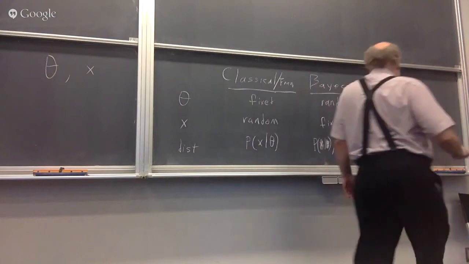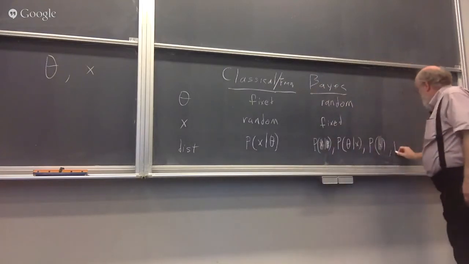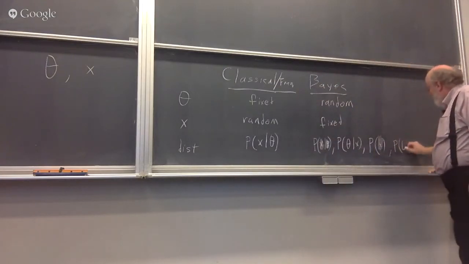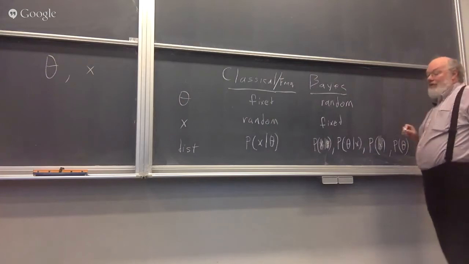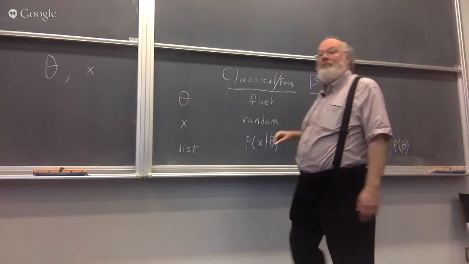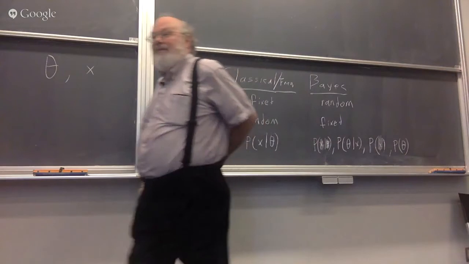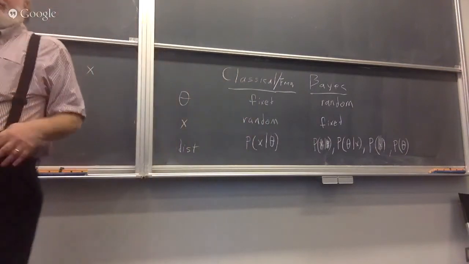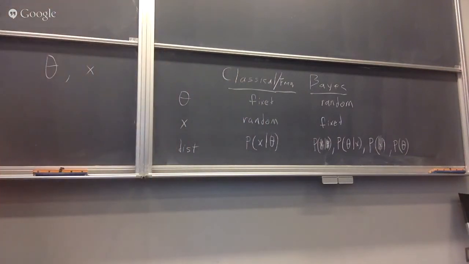And finally, this troublesome one, the probability before the data, independent of the data, of the model, of theta. So that's this prior. That's the probability I have the disease before we do the test. It's the probability that the temperature in the room is some value without any measurements of the temperature being made.